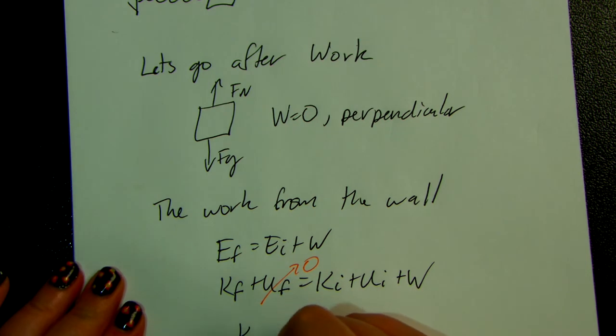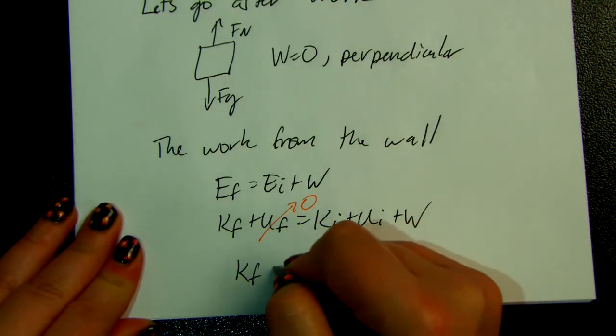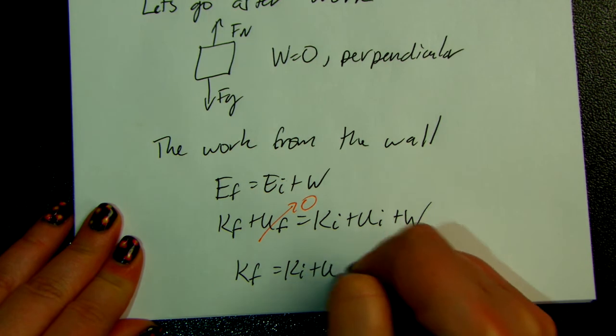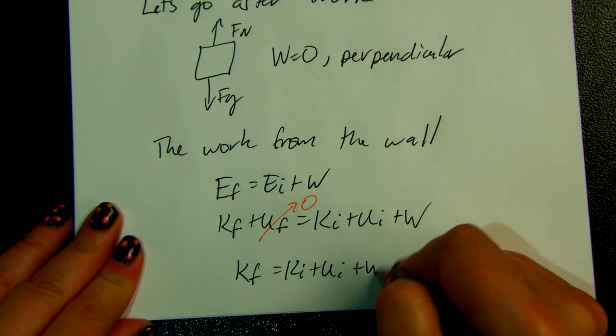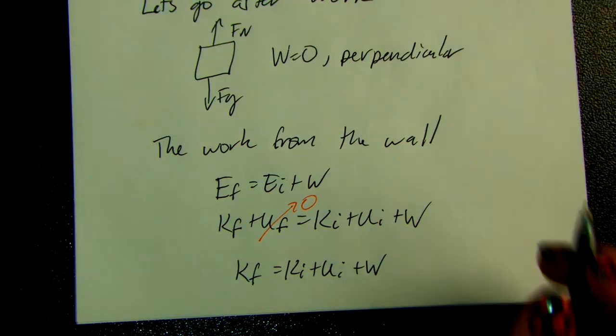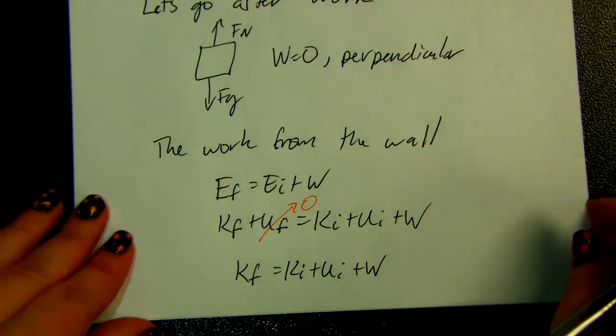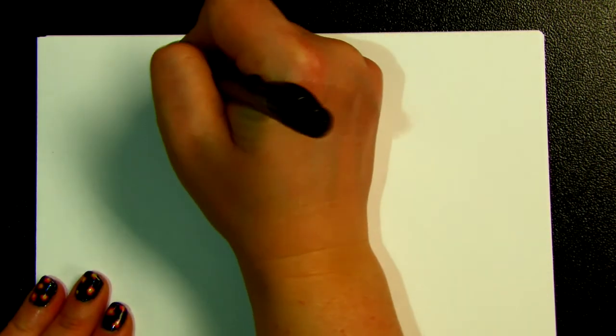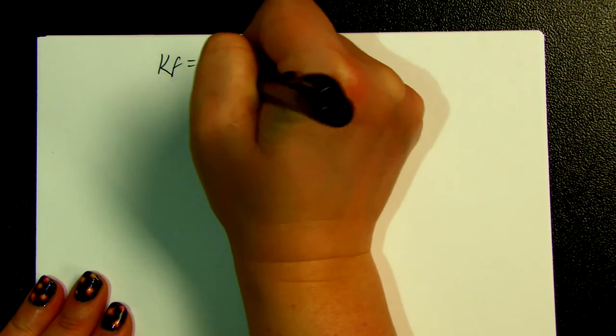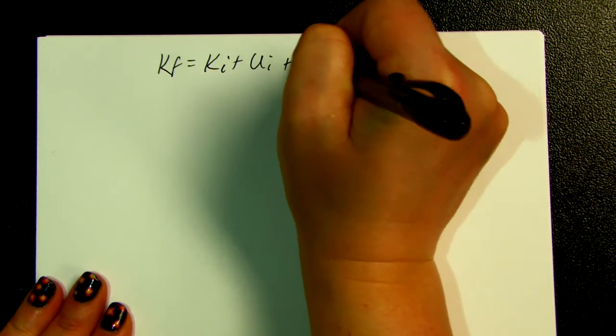All right, so kinetic energy final is equal to kinetic energy initial plus potential energy initial plus any work done. So moving on with solving this problem, we've got K final is equal to K initial plus work.